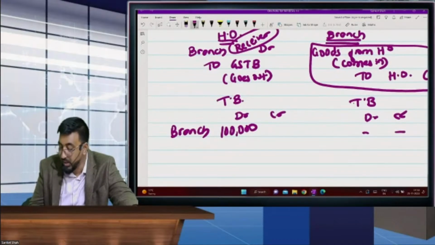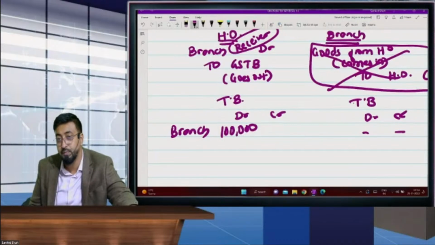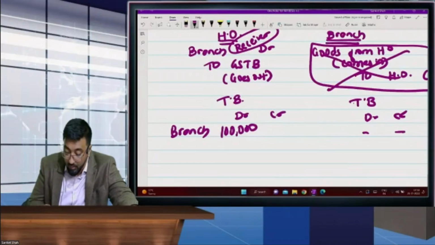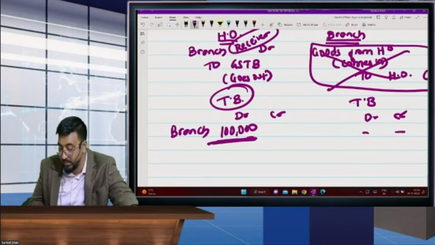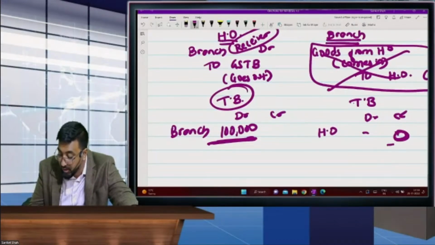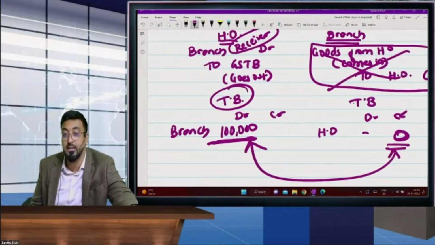So branch has not passed this entry, goods from HO to HO account, because branch has not yet received. So beta, in trial balance of HO, branch is showing 1 lakh balance, and in the books of branch, HO is showing 0 balance. So now we have to reconcile this.